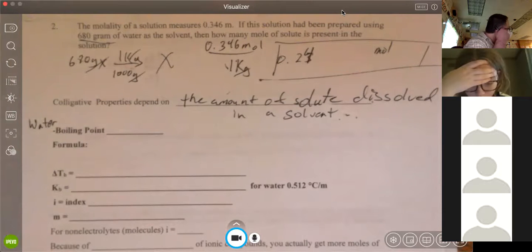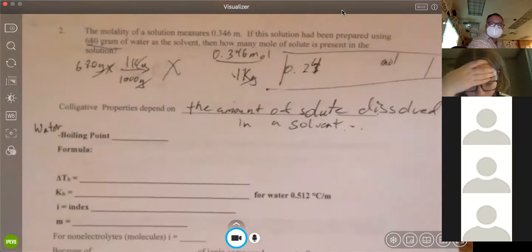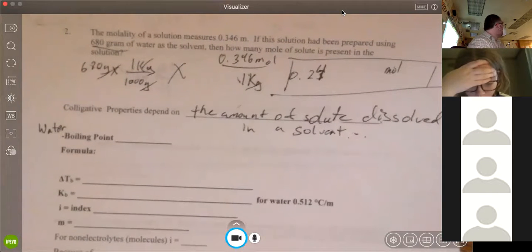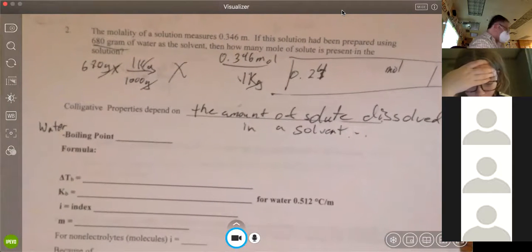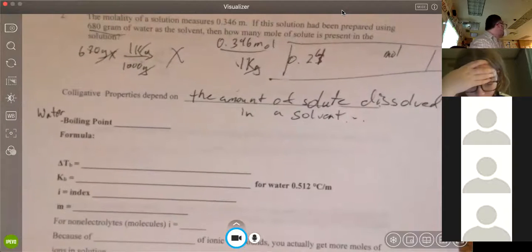What temperature does water start to boil at? Pure water. I'll take Fahrenheit or Celsius for this.